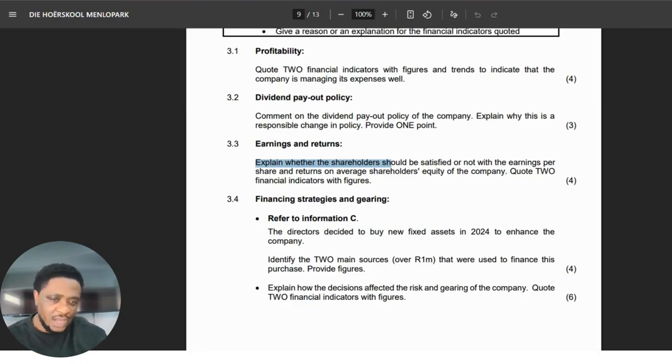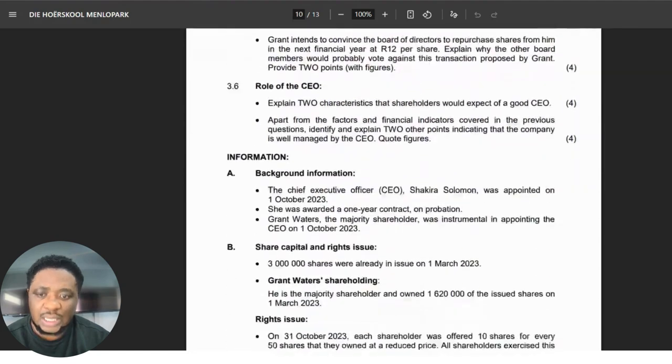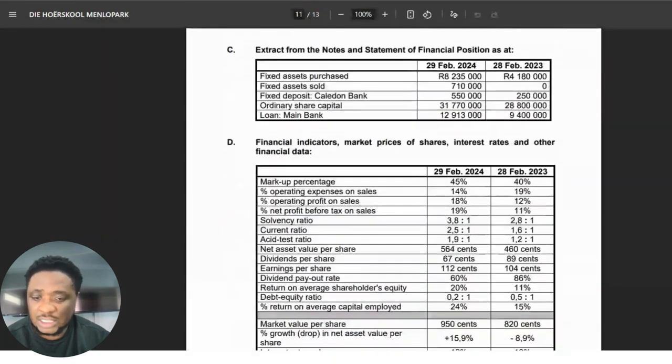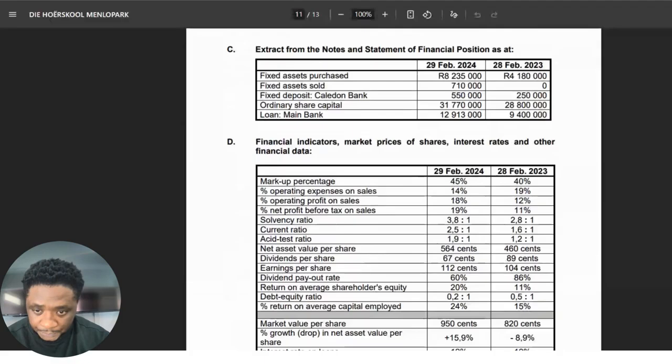Well, in this case, they've kind of made it easy for you because they've actually said exactly the ratios that you should quote. So we want to explain whether the shareholders should be satisfied. So let's look at our earnings per share and then also the return on average shareholders' equity. And then from there, we can make a decision if the shareholders should be happy or not.